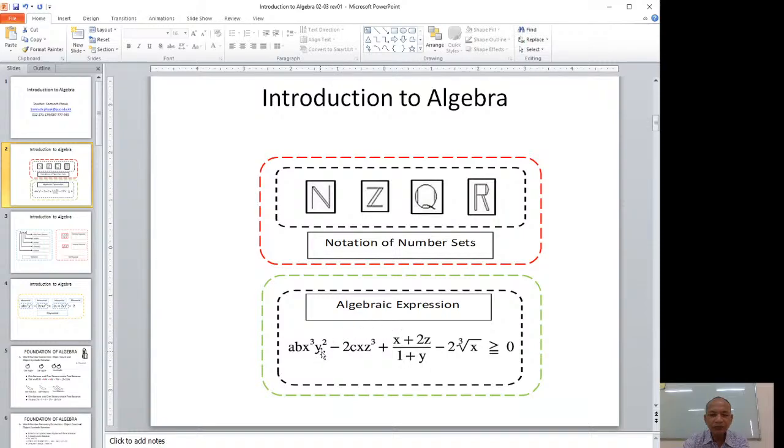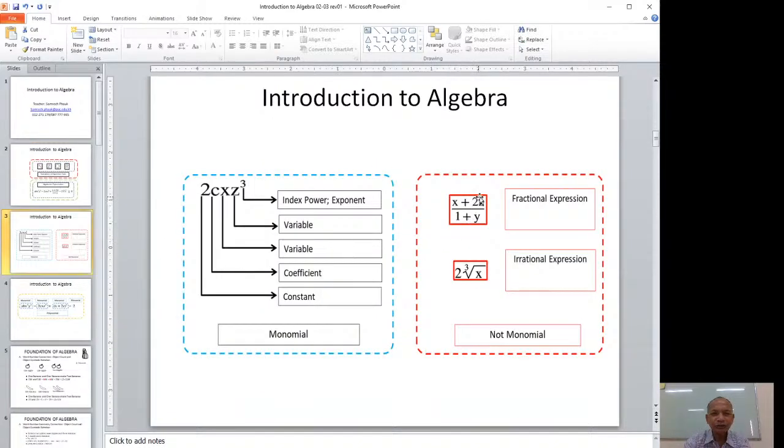We have monomial 1, monomial 2, and then the fraction is not a monomial. Only those without fraction and without radical are monomials. So the first term and second term are monomials, but the third term and the fourth term, the fraction and the radical, are not monomials.